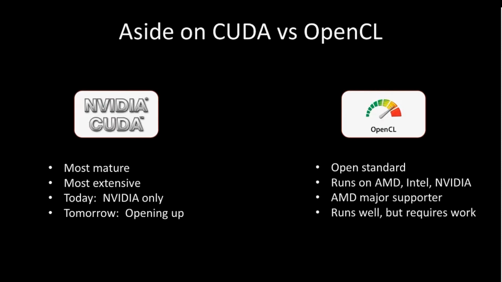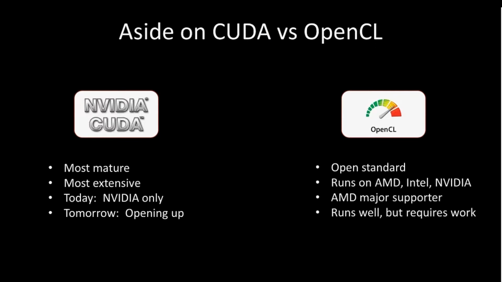There are two main technologies that people are looking to today as the underlying bread and butter for computing on a GPU. NVIDIA has the CUDA technology. It's the most mature and most extensive today. It is NVIDIA only today, and it is beginning to open up, meaning that there are some initiatives designed to make CUDA code run on other than NVIDIA devices.